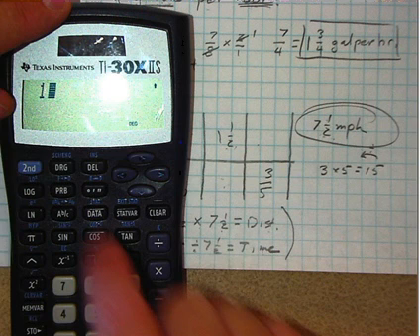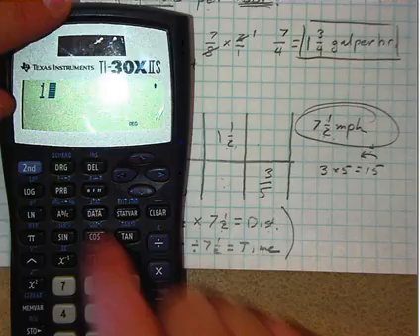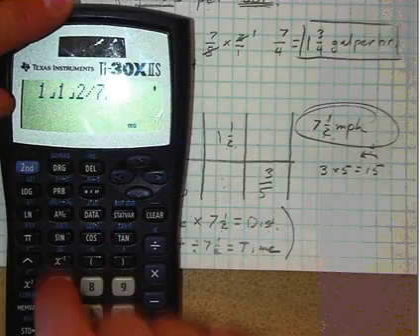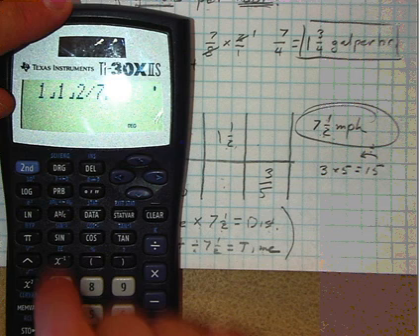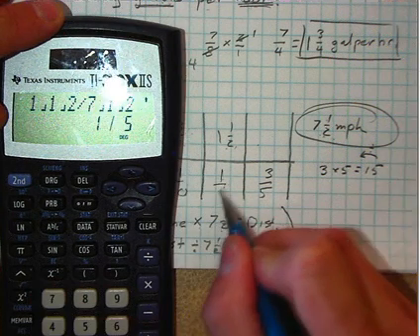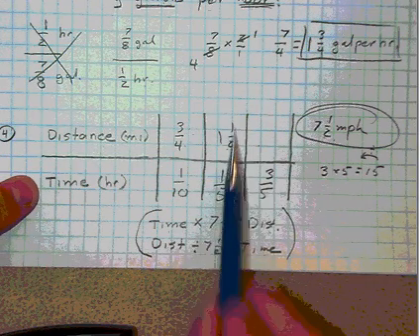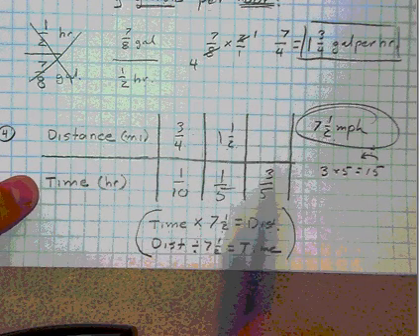So I'm going to take 1.5 and divide it by 7.5, which will give me 1/5. So in 1.5 miles, it should take him 1/5 of an hour.